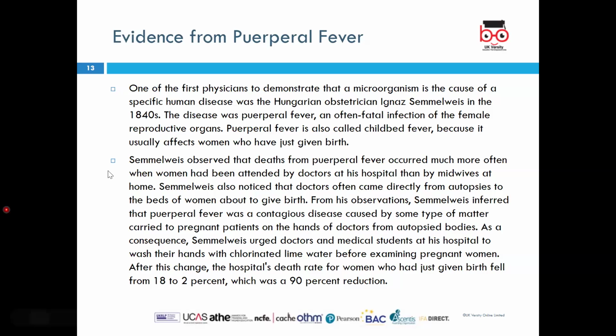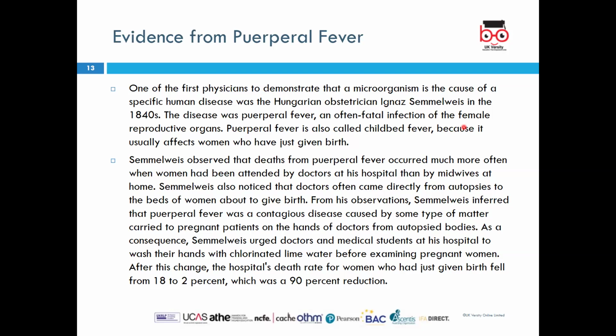According to Semmelweis, deaths from puerperal fever occurred more often when women had been attended by doctors at his hospital than by midwives at home. So there were more deaths at the hospital compared to home deliveries. He was intrigued by this and did not know why it was happening.